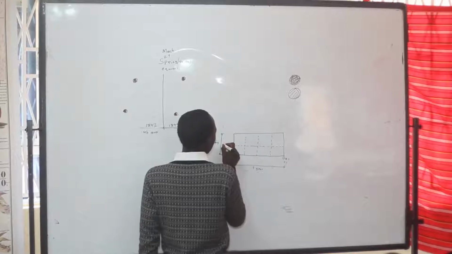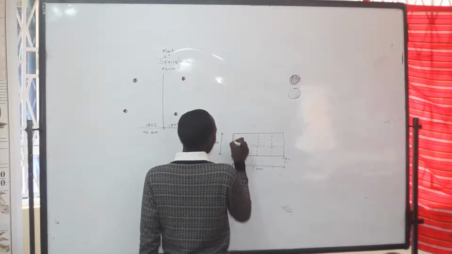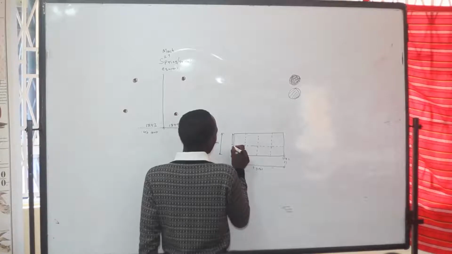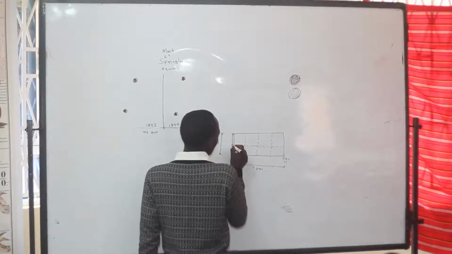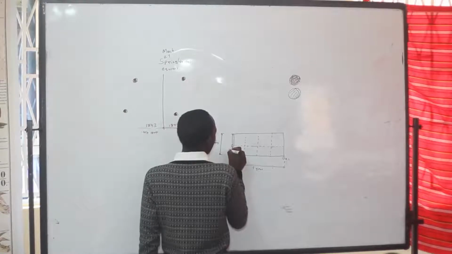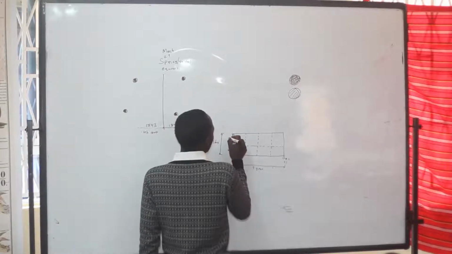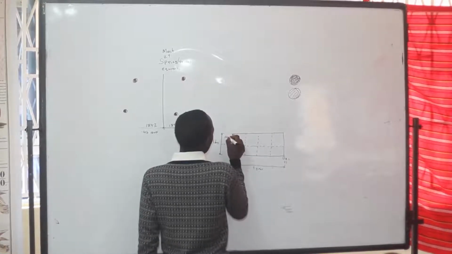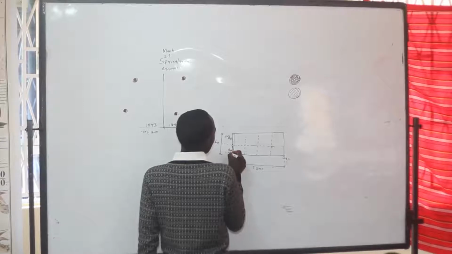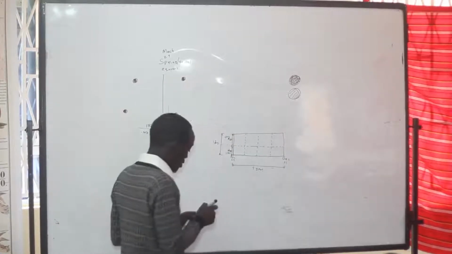So let's say this is daytime and this is night. Each having 12 hours. So this is 12 hours and this is 12 hours. So we are saying this is a box.